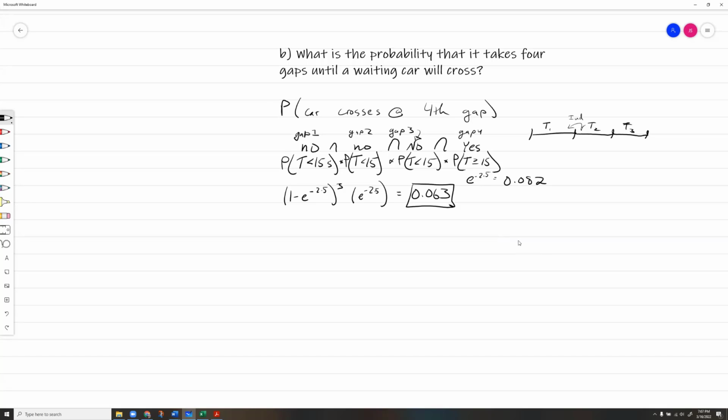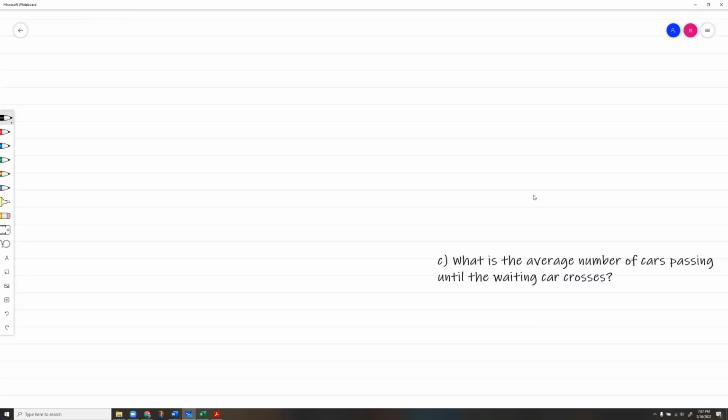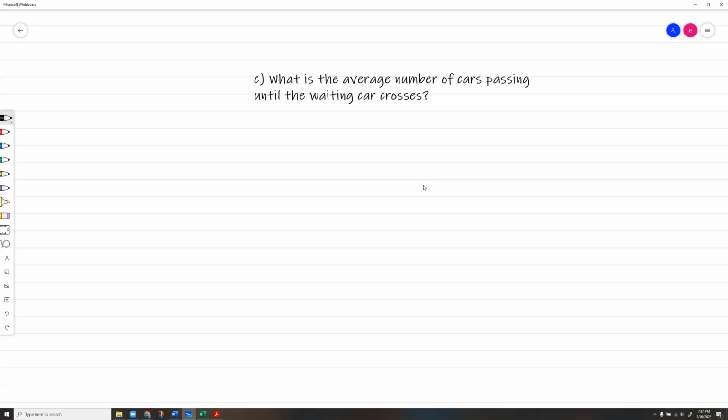All right, the next thing we can look at is something a little more, I think, interesting and applied here: what is the average number of cars passing until the waiting car crosses? And this is something that would be input into a traffic model, for example. So we have the average rate that cars are passing, and we have cars trying to cross at a stop sign.